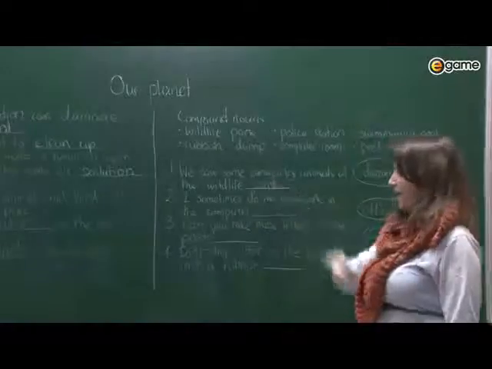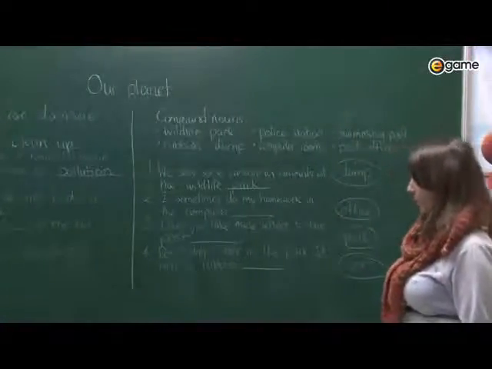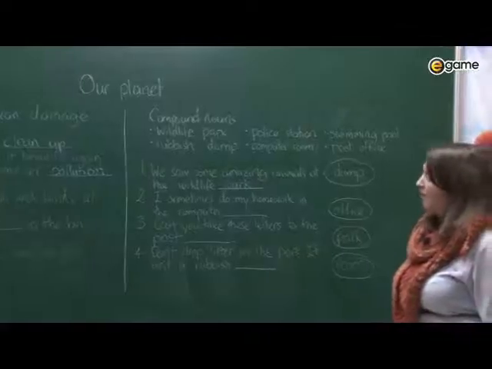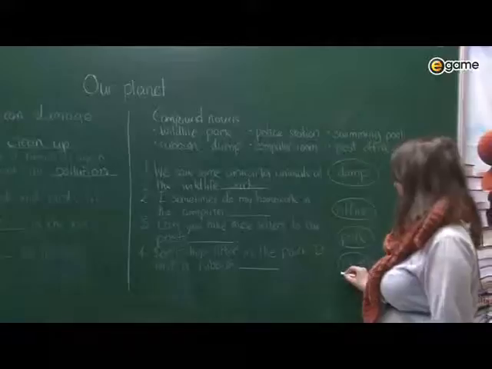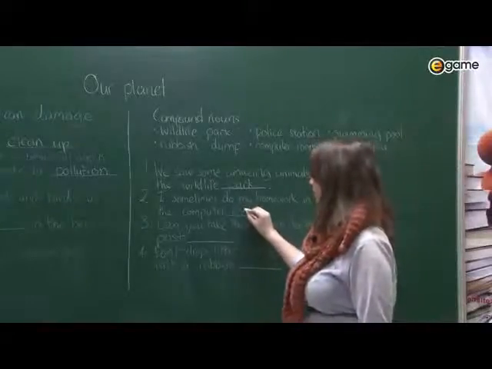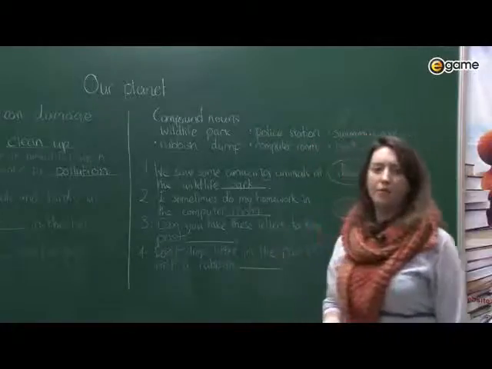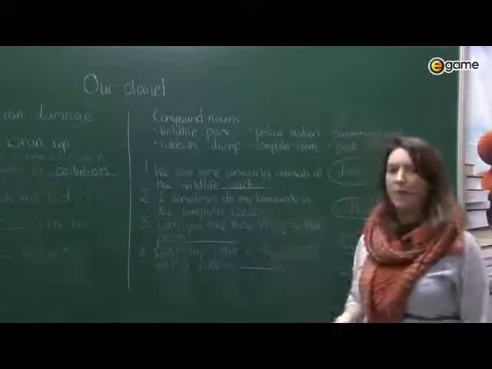That's our compound noun, wildlife park. Number 2, I sometimes do my homework in the computer room. Computer room. You might have computer room at your school. Computer room is a compound noun.